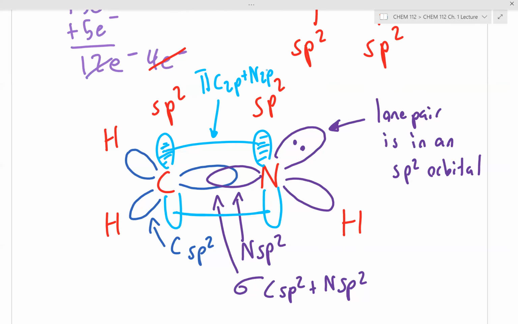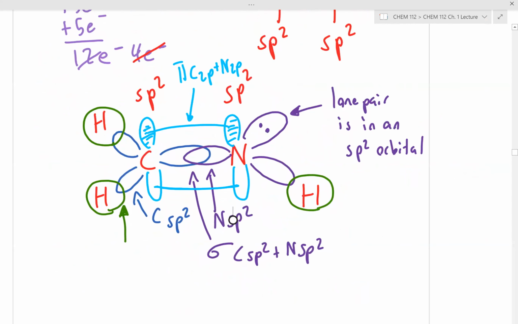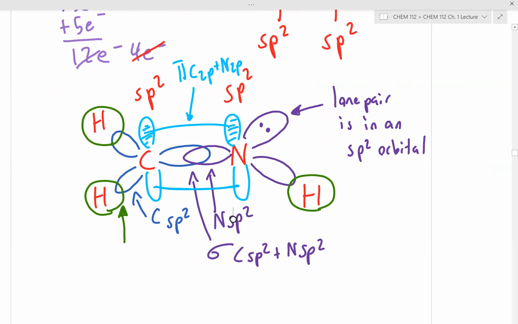Okay, to round out this discussion, what orbitals are the hydrogen atoms using? S. Yes, more specifically the 1s, but it's very important that you noted that they are unhybridized atomic orbitals. If we were to label this bonding interaction between carbon and hydrogen, since it's a single bond, what do we call single bonds?